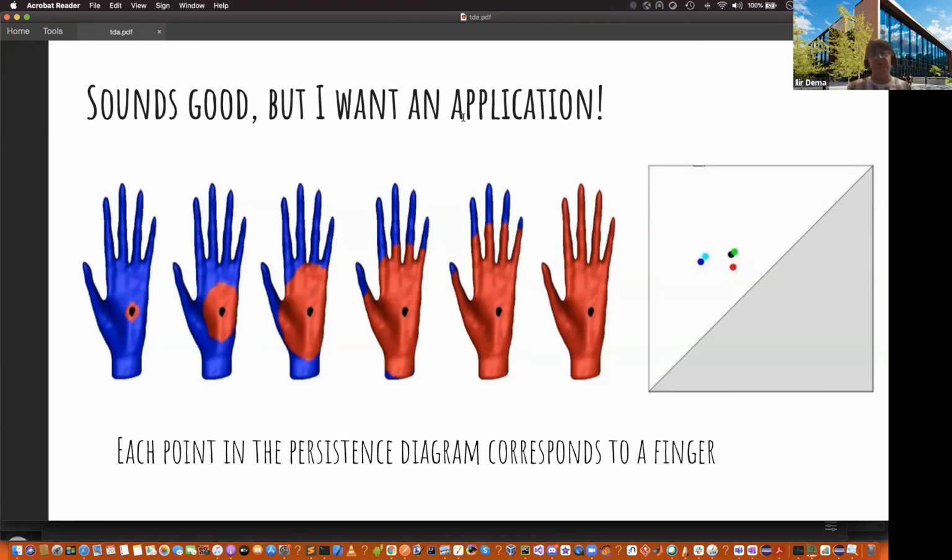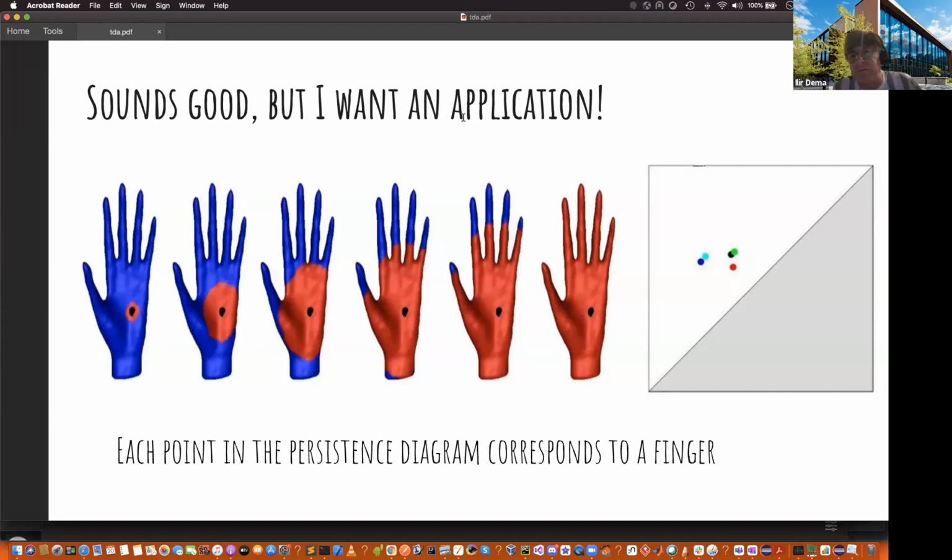So at the rightmost image, everything disappeared, and now we have one connected component. The persistence diagram has 5 distinguishable points. It is shown on the right-hand side of this image. That tells you that this object has 5 distinguished features.